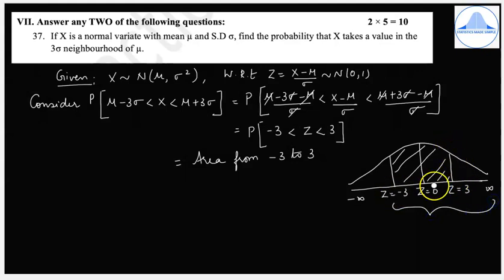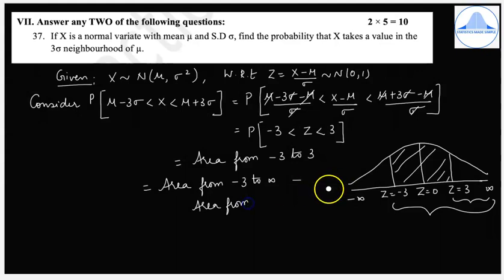And from the end part of the shading, that is 3 to infinity, draw another flower bracket. So the area from the larger flower bracket, that is minus 3 to infinity, minus the area from the smaller flower bracket, that is 3 to infinity, will give us the area from minus 3 to 3.